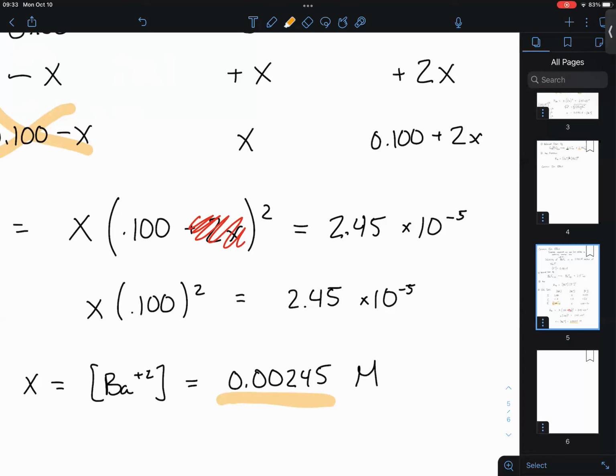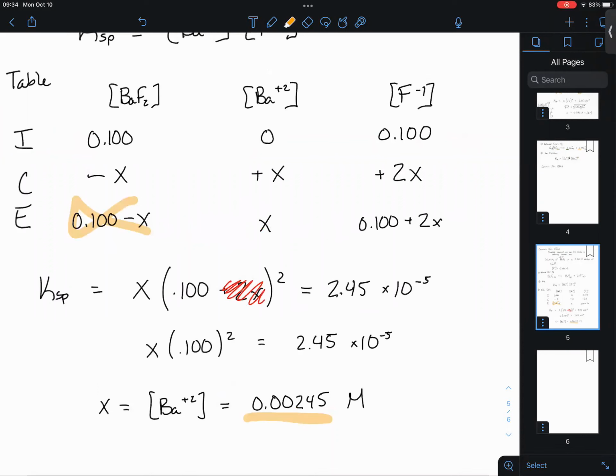Because of that common ion effect, because we already had some fluoride ions in there, we get a much smaller concentration of barium that actually dissolves in solution. It's only about 13% of our original number, so almost a full 1/10 less barium dissolves in solution because of that common ion effect.